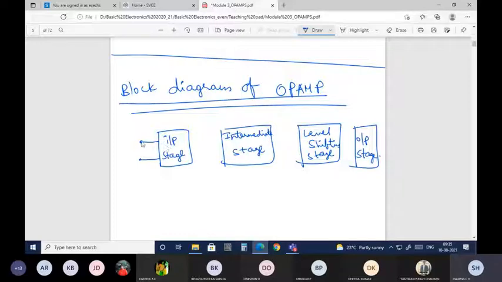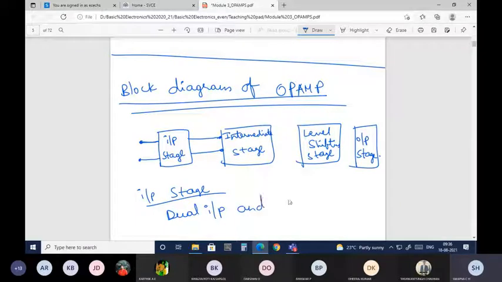First, the input stage takes 2 inputs and also provides 2 outputs. That is the reason this input stage is said to be the dual input balanced output amplifier stage.